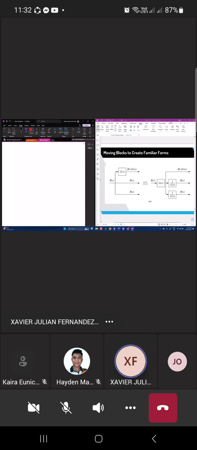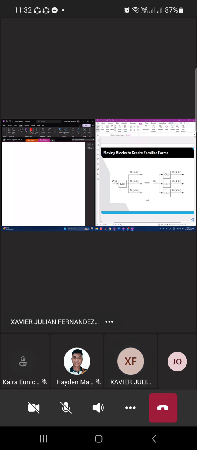Okay? Lastly, this one. Of course, obviously, if you apply r of s to g of s, your output is just r of s times g of s. At the pickoff points, there are no other blocks. So the output is sent thrice through the pickoff point, which is just the same also as this one, no?